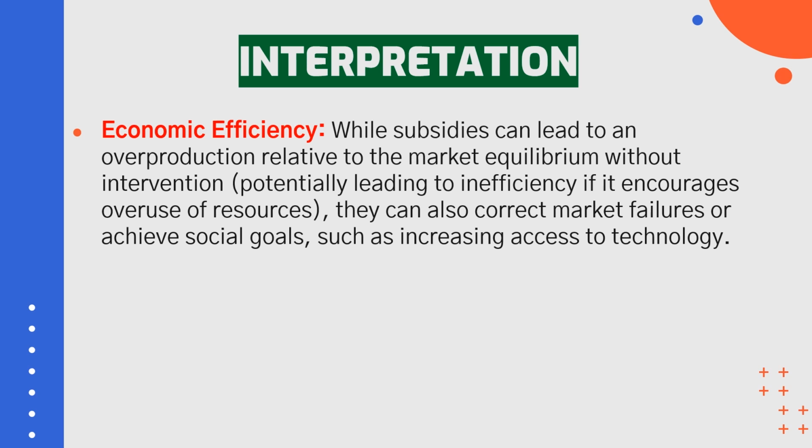While subsidies also lead to overproduction relative to market equilibrium without intervention, they can also correct market failures to achieve social goals. So for instance, just an example, the state thinks that more people need smartphones.